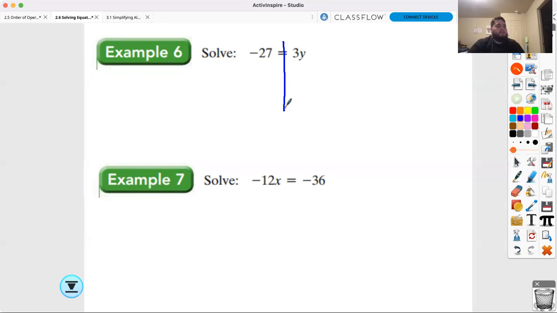So for example 6, remember that we can move around the equation so that we can rewrite it as 3y equals -27. It means the same thing.